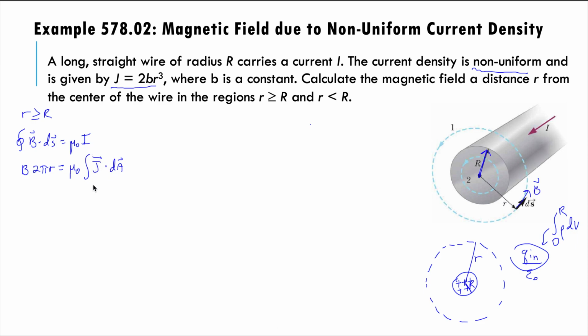Well, but we need to rewrite this as well here. So let me put B 2 pi r over mu naught. Let's go ahead and write down what J is, 2br cubed, and what is dA? When we did dV, it was 4 pi r squared dr, but whenever we have a dA, we are talking about the area of our loop.